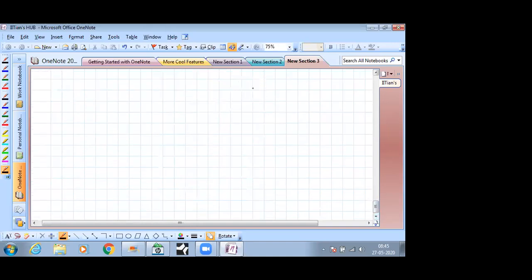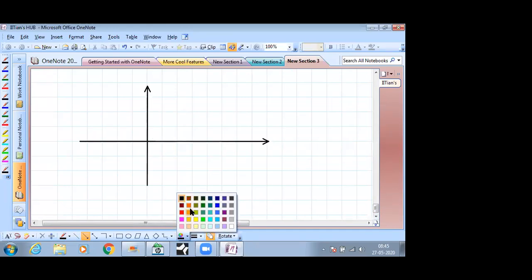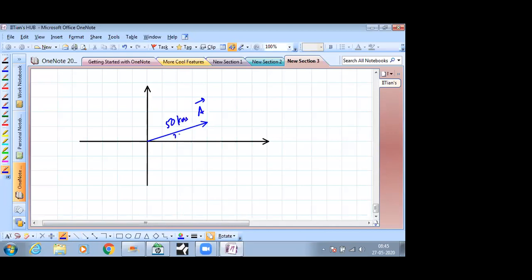So you can see here that in this particular case, if we redraw vector E like this, and express that it has a magnitude of 50 kilometers along this direction, which is 30 degrees north of east.